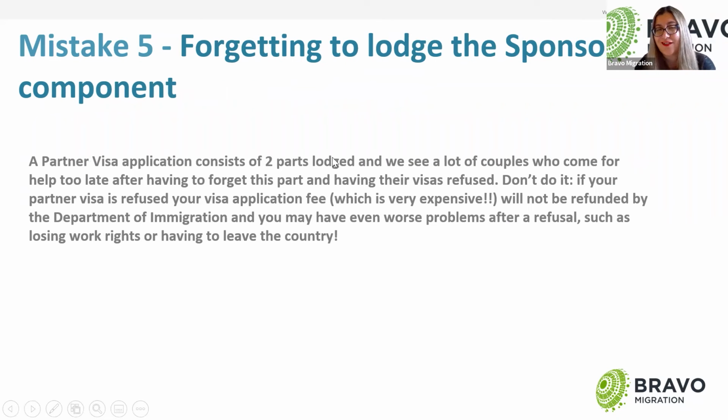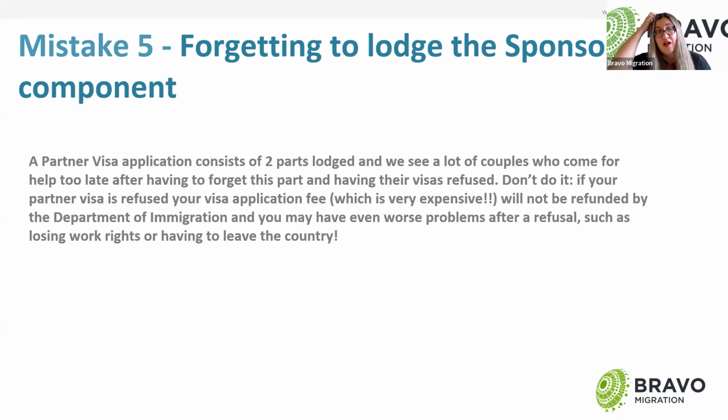Another mistake is when people are working without a migration agent and they lodge the partner visa application and say, okay, we're done, now let's wait. The partner visa application is actually two applications. There's the visa application, where the applicant should be making that application and paying for that fee, but also there's the sponsorship application, which at the moment doesn't incur an extra fee, but it is a separate application.